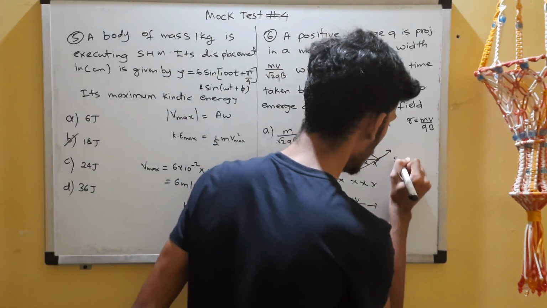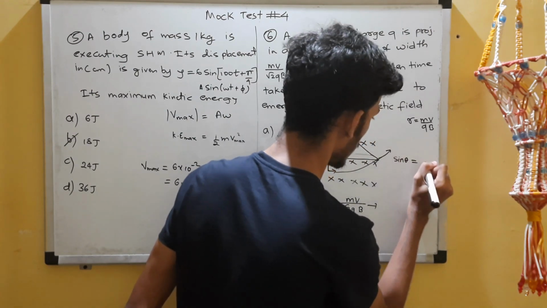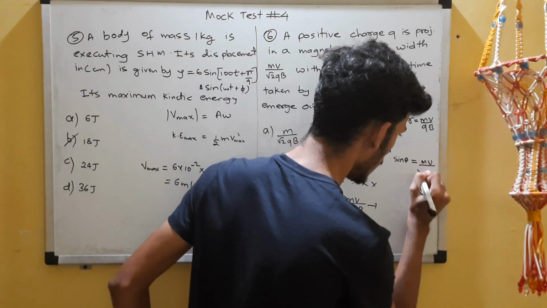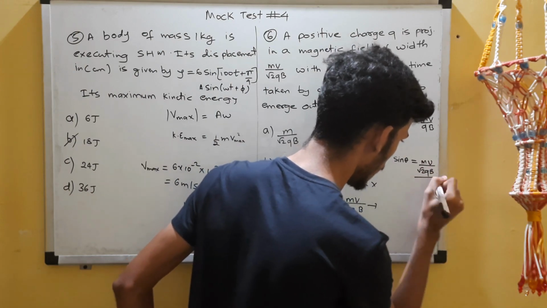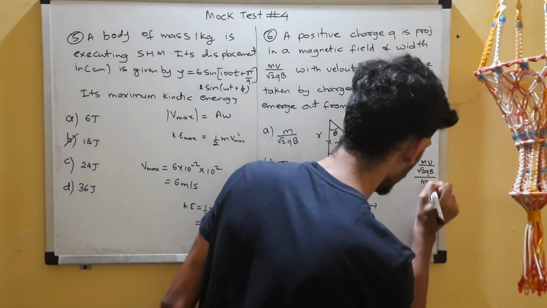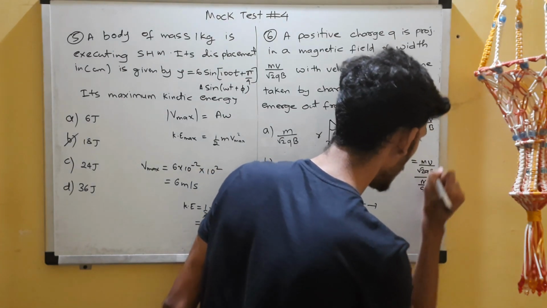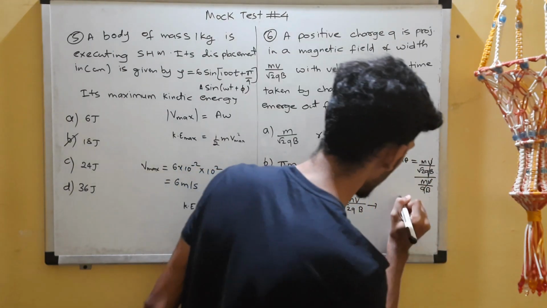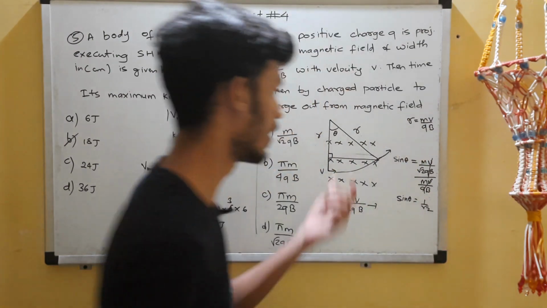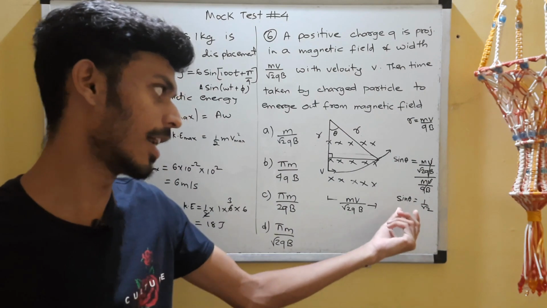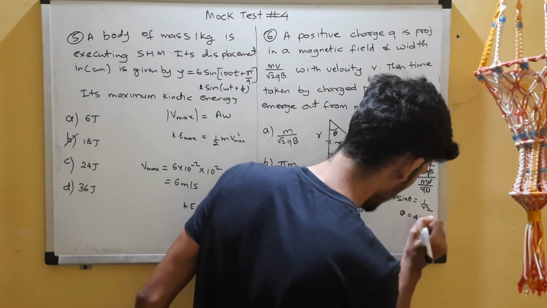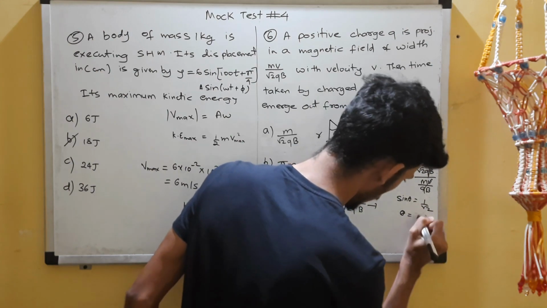Sine theta will be opposite, which is mv by root 2 qB, divided by the hypotenuse, which is r, which is mv by qB. So mv by qB will cancel. Sine theta is nothing but 1 by root 2, so this angle is pi by 4, 45 degrees. Sine of 45 is 1 by root 2. So theta is 45 degrees or pi by 4.